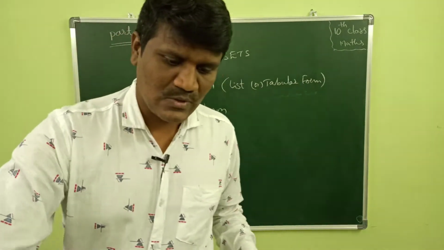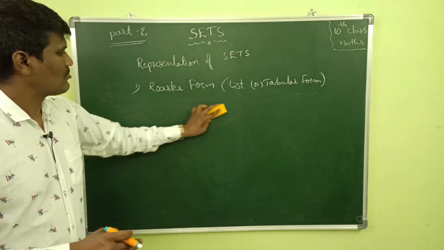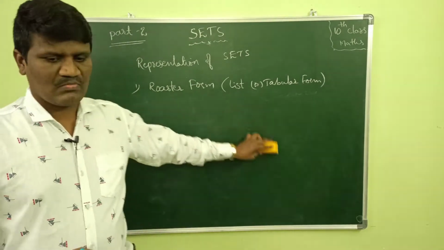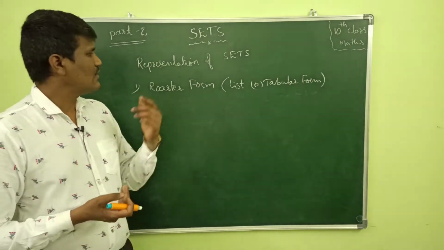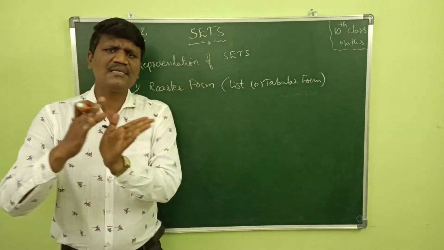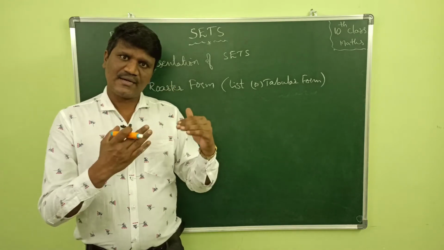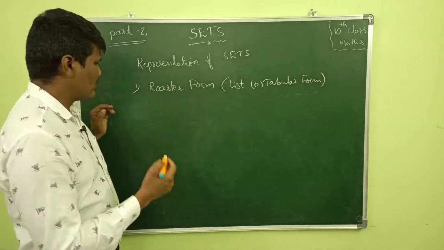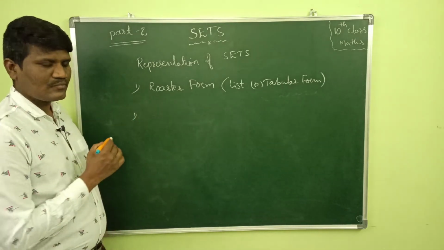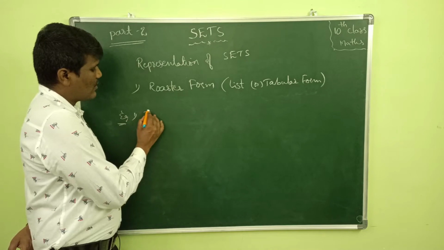Roster form is nothing but a list or table. That is simply listing the elements in a brace, or a set bracket.